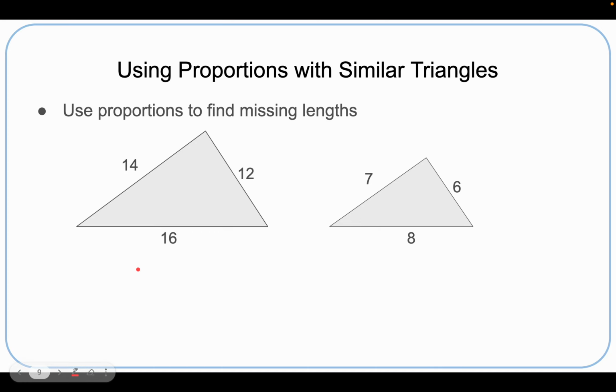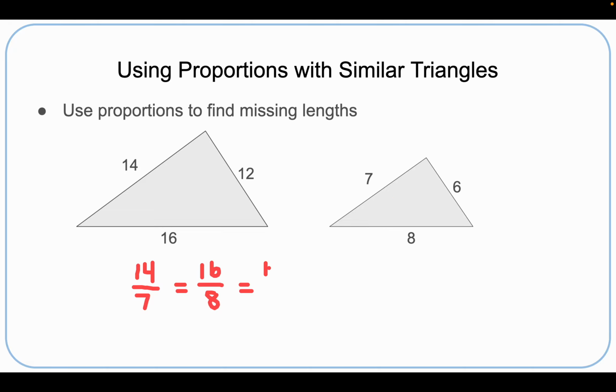So if we wrote these out with a proportion, so the corresponding side 14 to 7, it's equal to the other corresponding side, so 16 to 8, and it is also equal to 12 over 6.